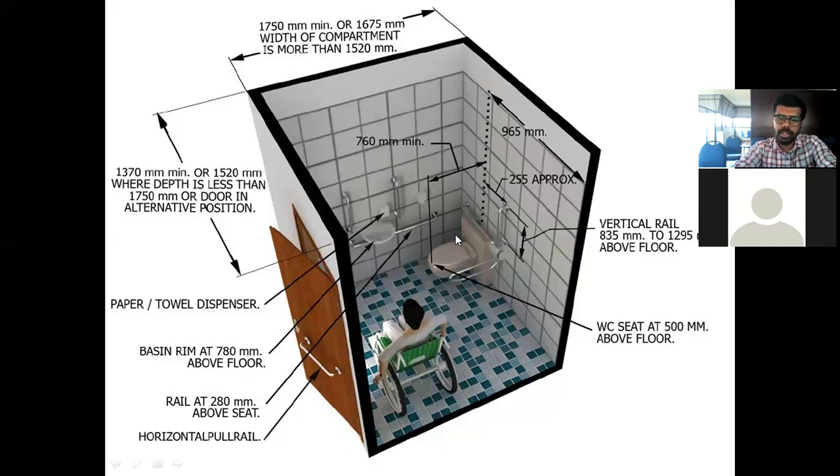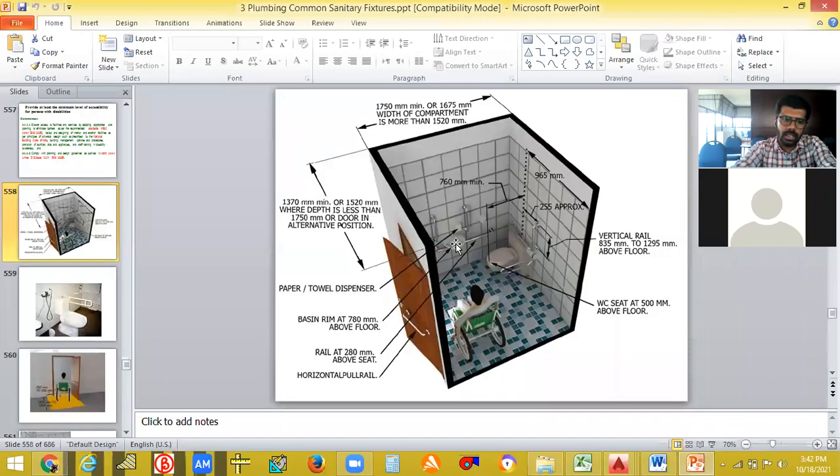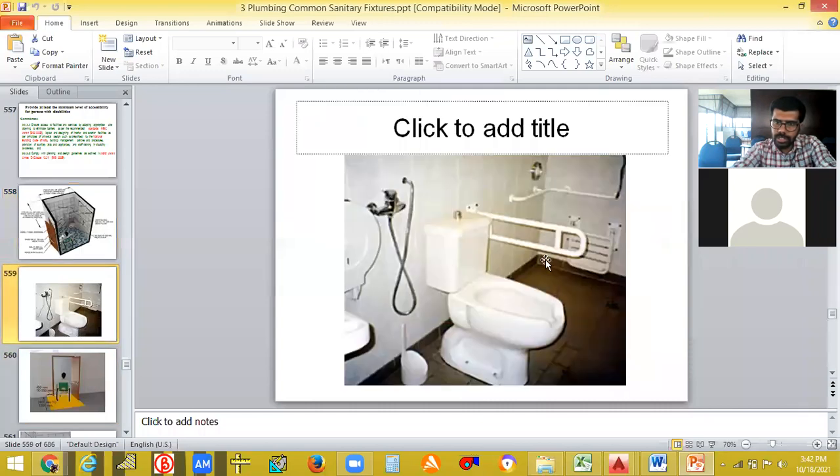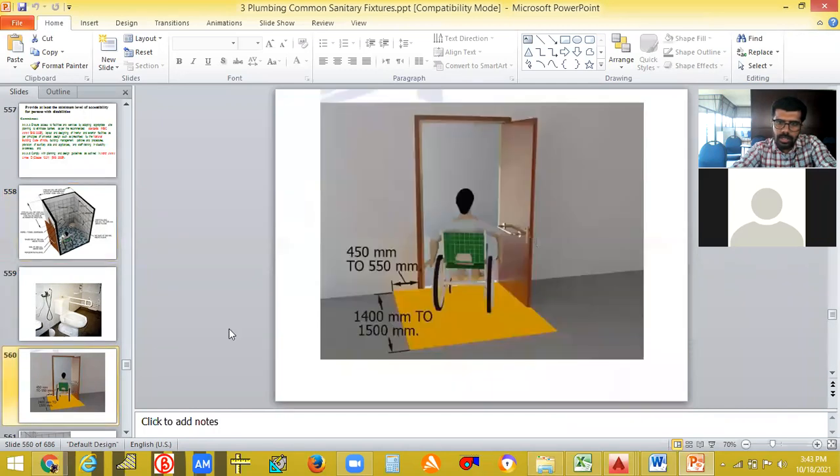When you see a disabled toilet, it will be like this. A disabled person should be able to enter the toilet and do his part by sitting in the chair itself.